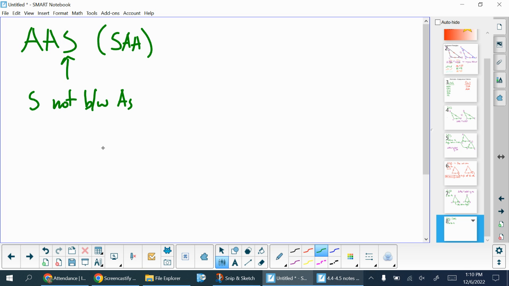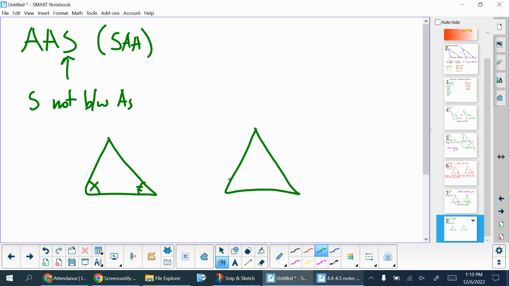And so when I draw my triangles, you're going to see that same thing. I'm going to have my two angles still, because there's two A's in this one. But the side I'm talking about is not this one. I'm going to go ahead and put an X there. Not this side. It's not that one. If it's that one, they're still congruent, but that's ASA, not AAS.